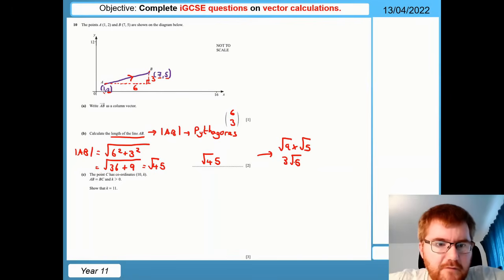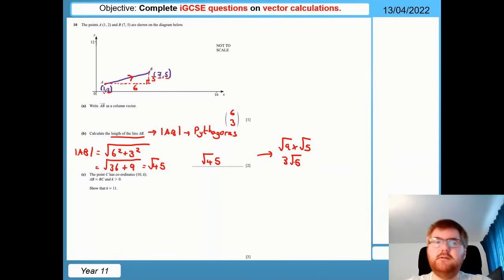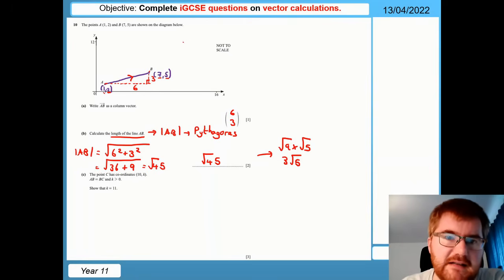Right, so now we've got the point C has coordinates 10, k, where the length of AB is the same as BC, or AB is equal to BC, and k is greater than 0. Okay, and we need to show that k is equal to 11. Okay, so this is a bit more of an in-depth question.